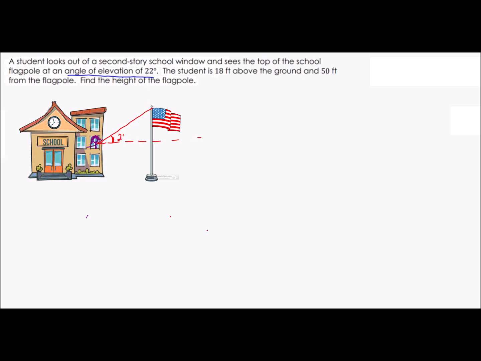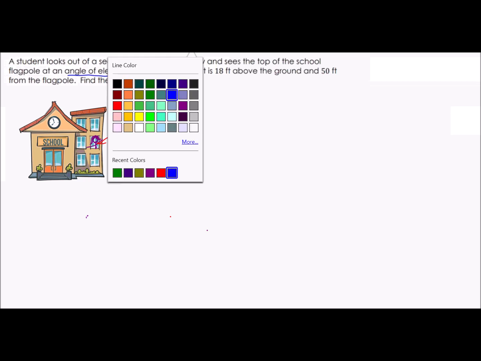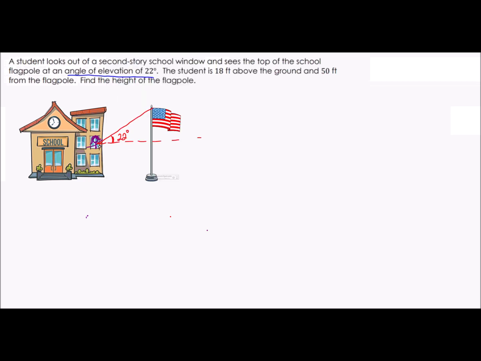So this angle right here is 22 degrees. The student is 18 feet above the ground, so this distance from the student down to the ground is 18 feet. I'm looking at that and going, wait, that's not even in the triangle. What does that matter? We'll just label it and come back to it later.